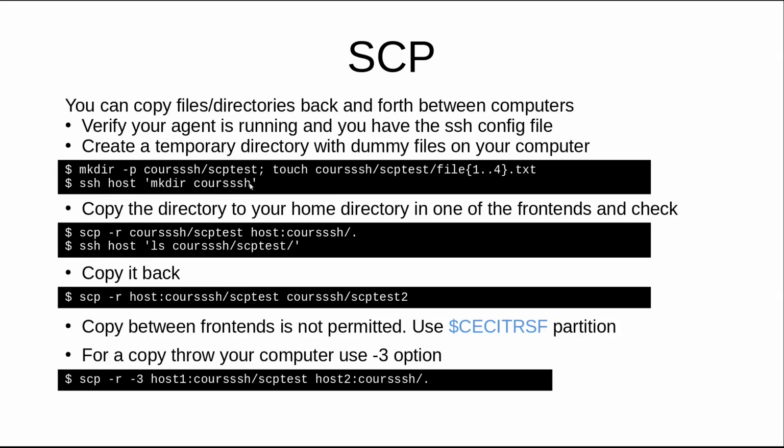Here you can see that you can execute commands without logging into a shell prompt, just applying SSH, the host, and the command. Replace the host with one of the front-end hosts present in your configuration file. Then copy the directory to one of the front ends and check the copy with the remote command.